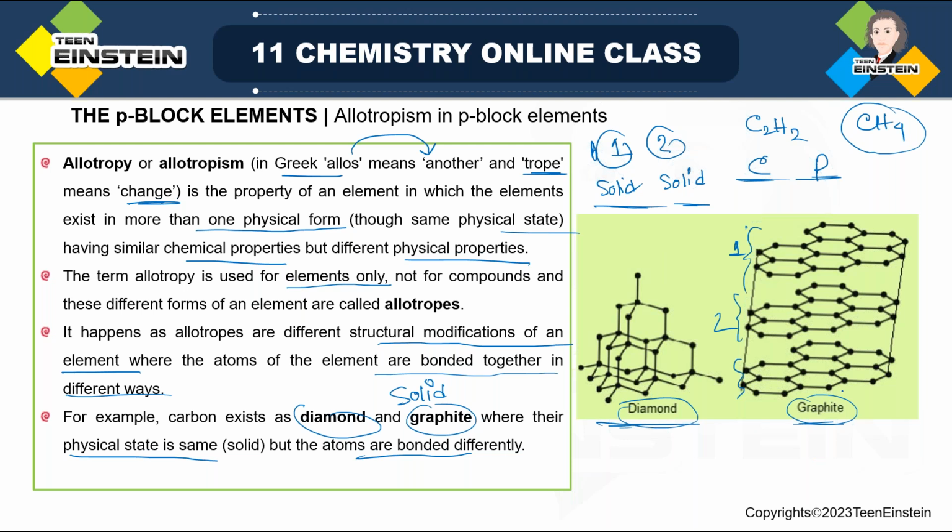Graphite is present in pencil. So when we write with a pencil, one layer is as if gliding over the other. That is why we get a mark on paper. And it is not just for carbon, though in carbon we mostly have allotropes. For other elements also, for example sulfur and phosphorus, they can show this type of property.